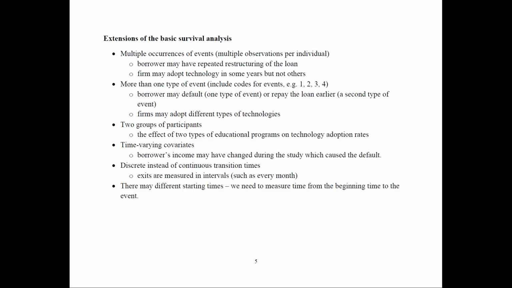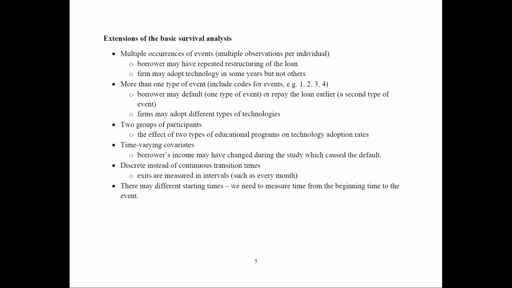Next complication is when we have more than one type of event, and in this case we can include codes for events like 1, 2, 3, and 4. For example, a borrower may default, which is one type of event, or repay the loan earlier, which is a second type of event. And the bank may care about both of these cases because they have risk of either defaulting and losing their money, or prepayment, where they collect the money a lot sooner than they had anticipated.